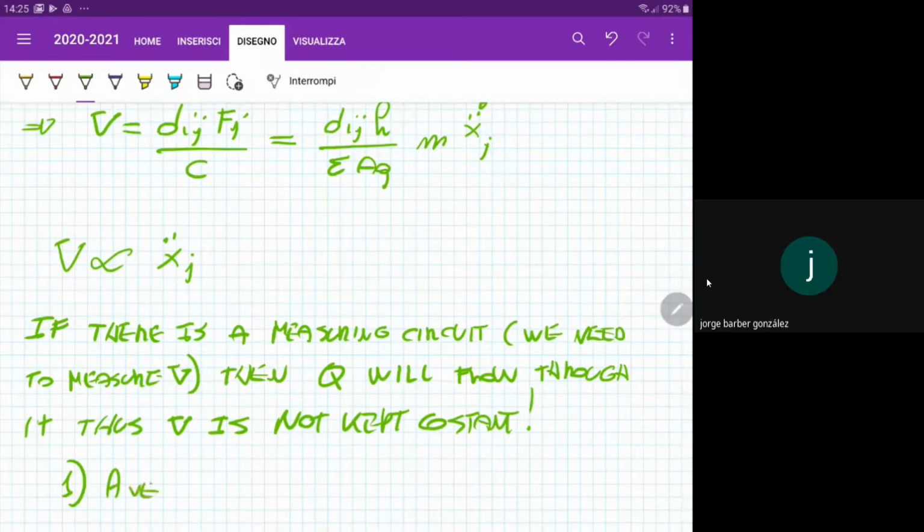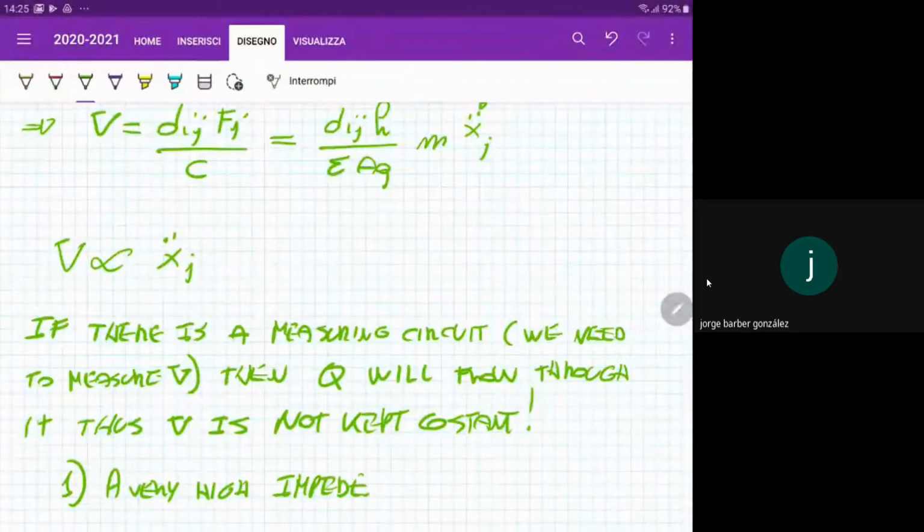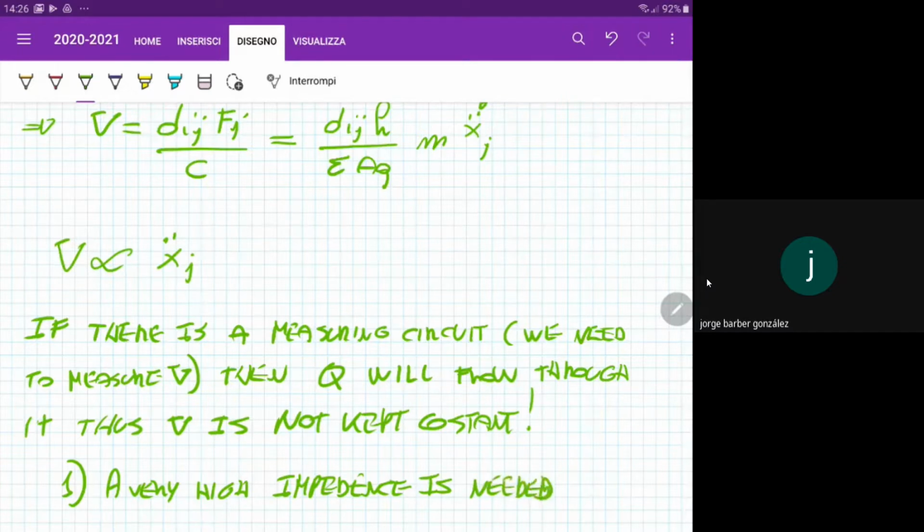So first, a very high impedance is needed, just to be sure that we have almost an open circuit measuring condition. But how we can achieve that is not that easy.